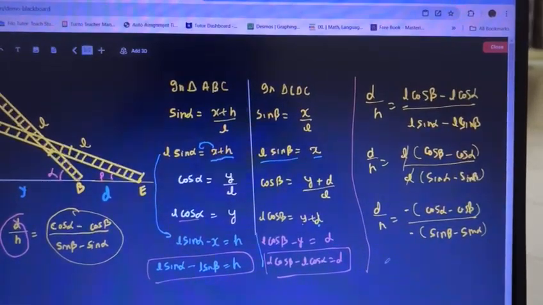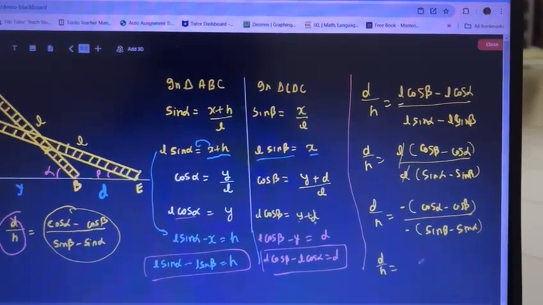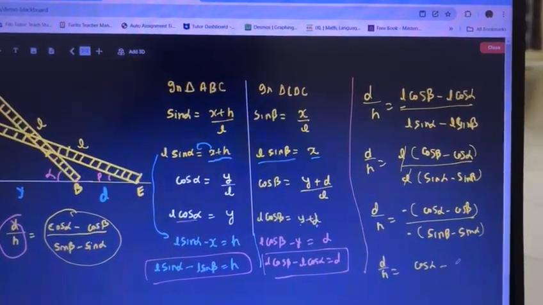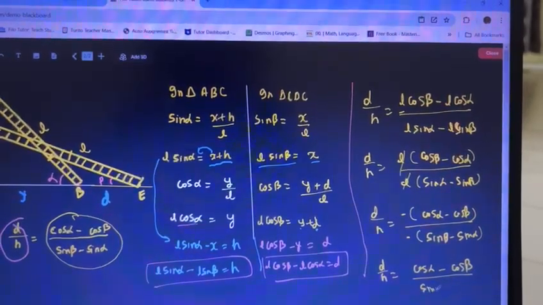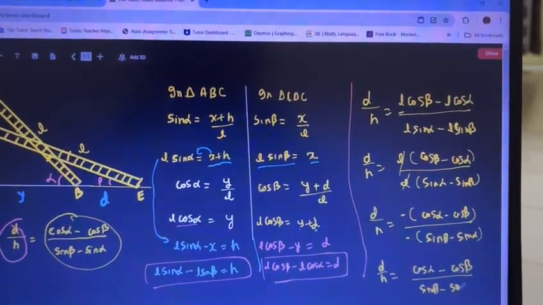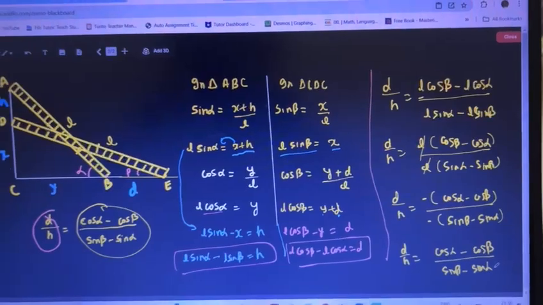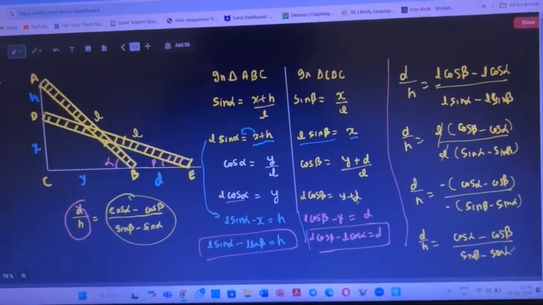Now this negative will cancel out, so what you will get is D over H equal to cos alpha minus cos beta over sin beta minus sin alpha. So this is what you had to prove, and it's proved. Okay then.